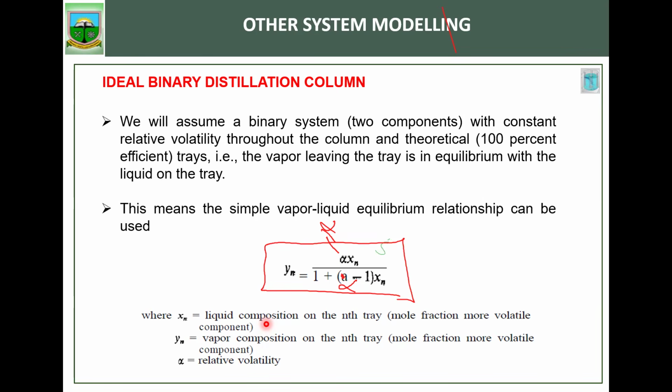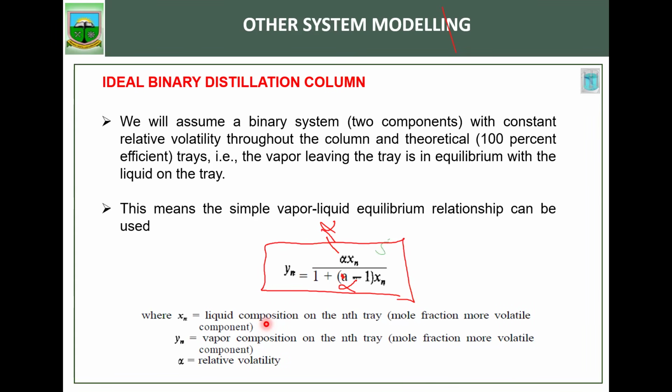And theoretically, it has 100% tray efficiency. Which means that if you have the two components on a tray, you have 100% separation of the volatile from the heavy component.